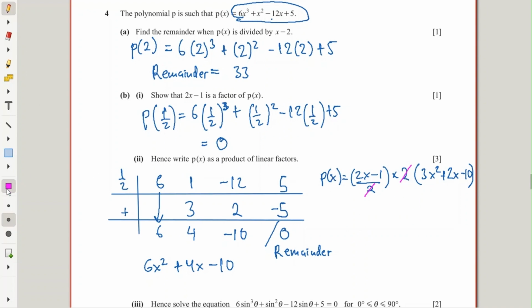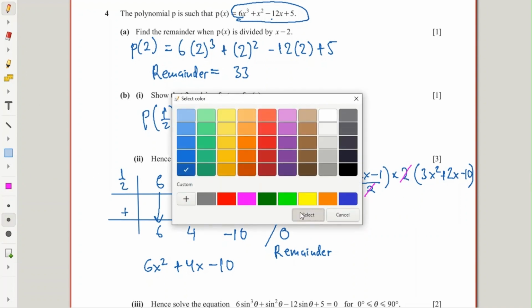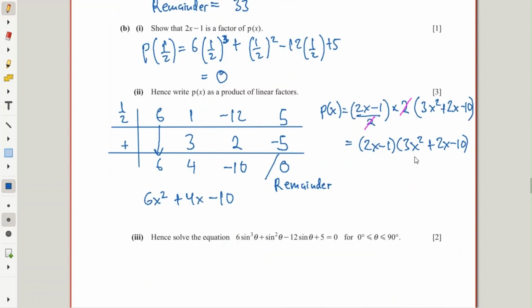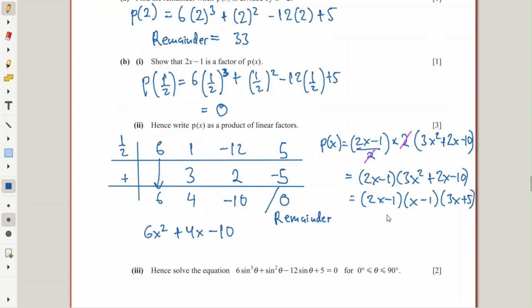So my polynomial can be written in this form. When I finish, what do I do? I solve this quadratic. If you break this quadratic down, you're going to get x minus 1, 3x plus 5. So that will be my final answer.